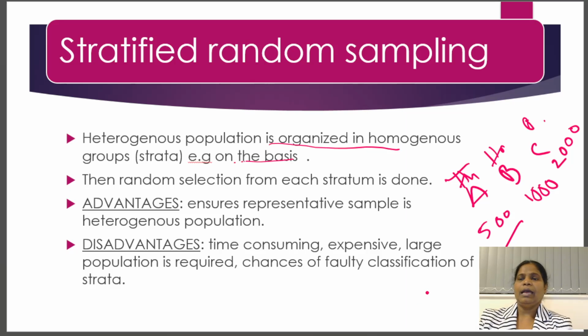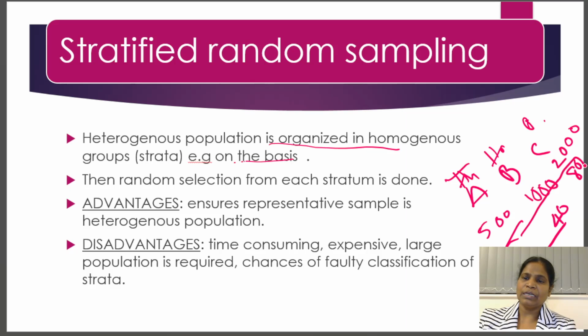Suppose you take 20 from hospital A, that is 500 nurses. How many should you take from hospital B if you want an equal ratio? It should definitely be 40 nurses, and from C you have to take 80. Then you have taken an equal proportion of nurses from all three hospitals.